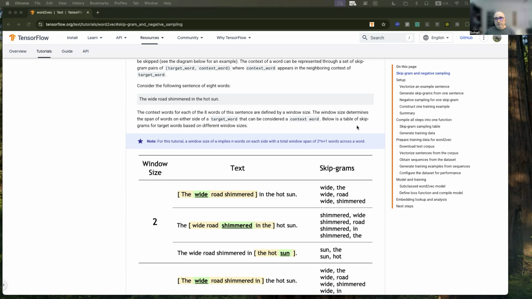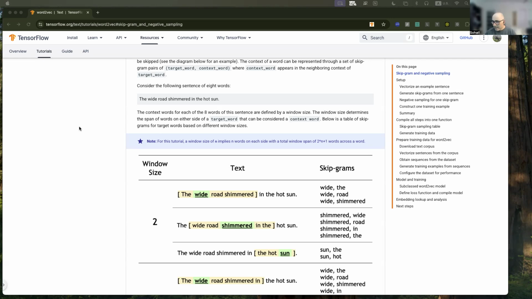One of the tools that we can use is word2vec, and I'm going to talk about skipgram in this video, and how we can convert text to vectors of continuous numbers. Then we will be able to use that in natural language processing or large language models. So let's see how this works.